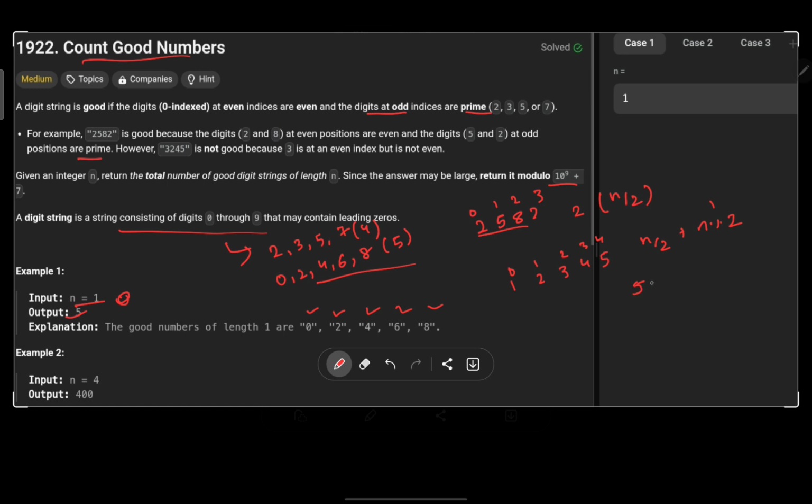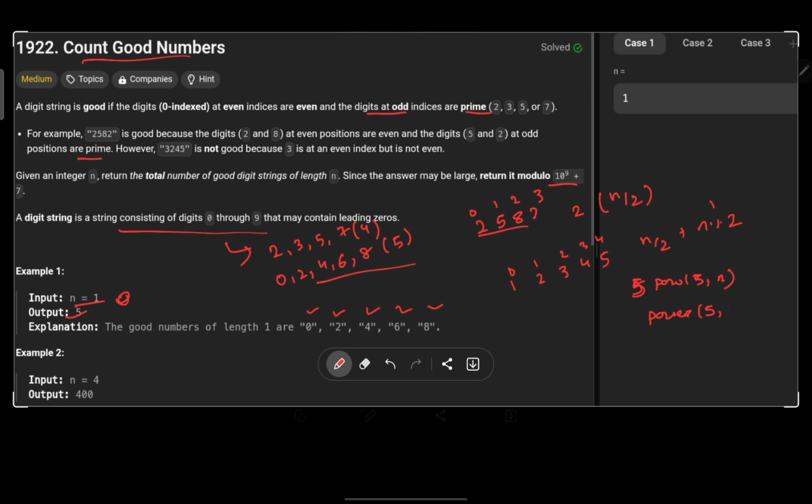So we will call the power function with base 5, and the exponent would be the number of even indices.